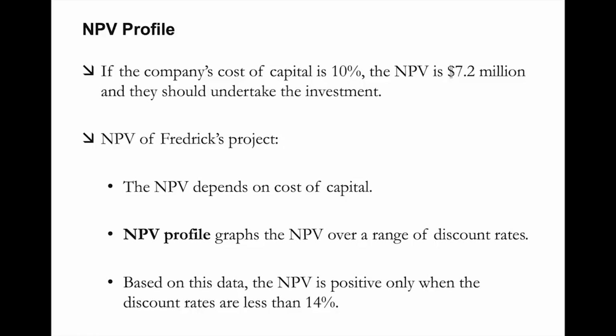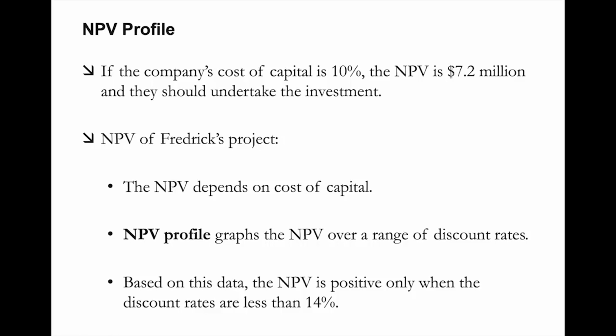In fact, if we increase the discount rate to 14%, the NPV of the project falls to 0. That sounds scary. An NPV of $7.2 million can become $0 with just a 4% increase in the discount rate. The NPV profile can be thought of as a sensitivity analysis.